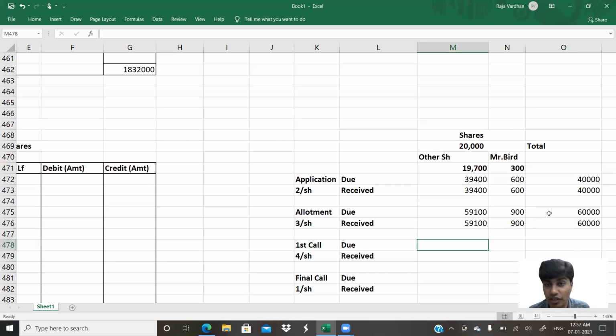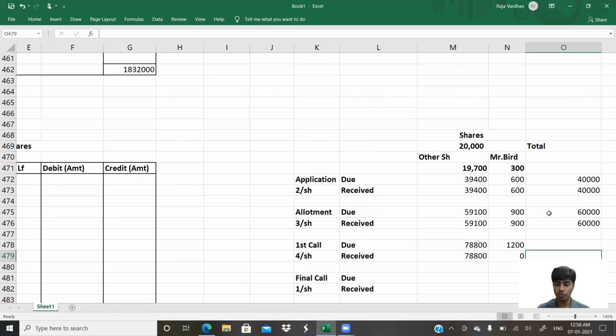At first call stage, what happened? What was receivable from 19,700 shareholders is 19,700 multiplied by 4 rupees per share. Did you receive so much? Yes, you did receive. But what happened to Mr. Bird? Mr. Bird was supposed to pay us for 300 shares that he holds into 4, that is 1,200. Did we receive? No, we didn't receive.